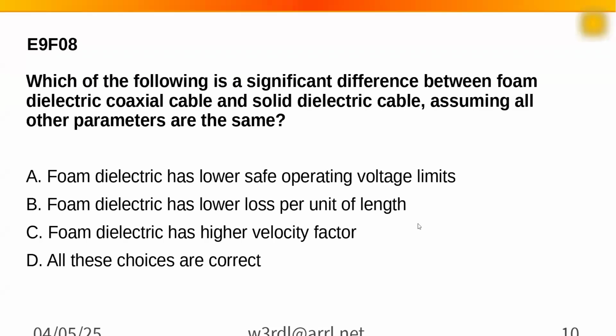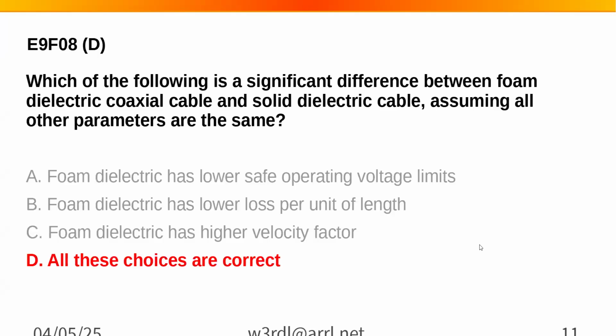Which of the following is a significant difference between foam dielectric coaxial cable and solid dielectric, assuming all other parameters are the same? It's number two. All of the above. Yeah. Second one.